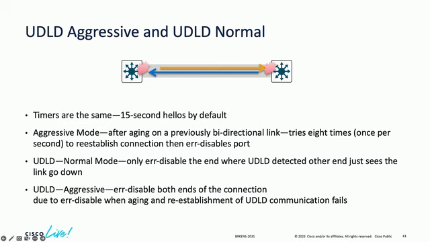In the normal one, we'll just disable our end, and the other side should see the interface going down. With the aggressive mode, we should err-disable both ends. So again, if we have some far remote location, and UDLD will happen, and our err-disable recovery is not configured, we'll have to go and unshut the interface.